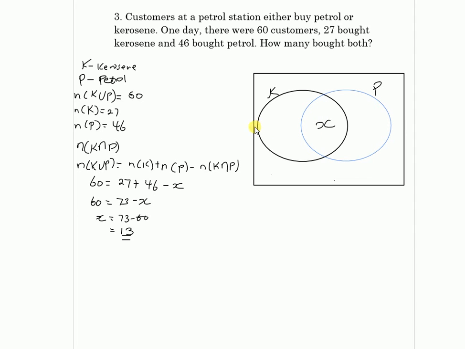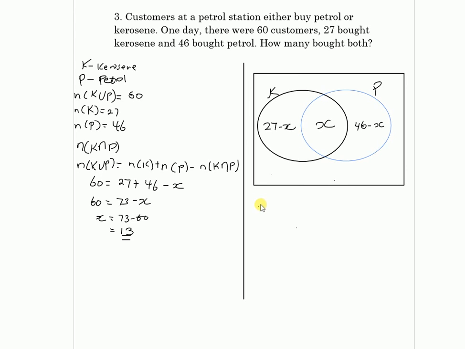So this one should be 27 minus X. Everything inside the other circle should give us 46, so this one should be 46 minus X, because part of it has been taken up by X. Let us add everything inside the two circles, which is the union set, and equate to 60.